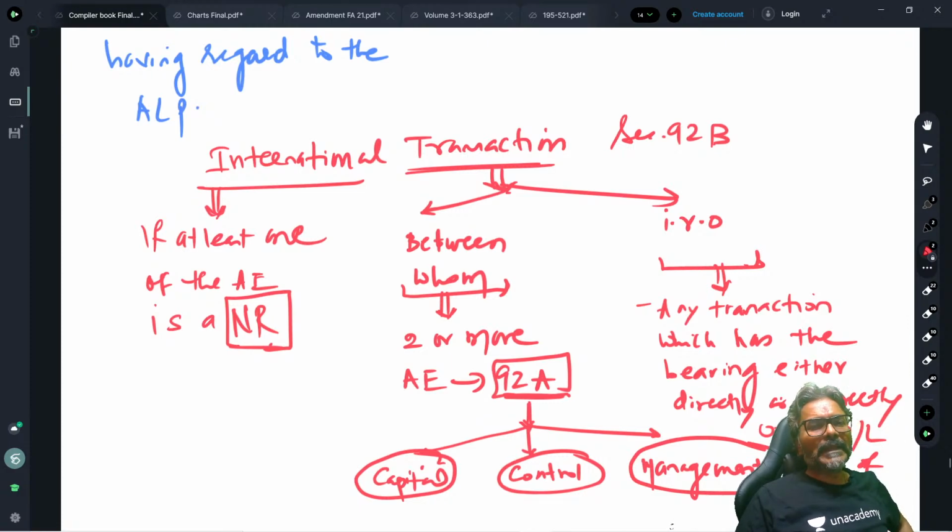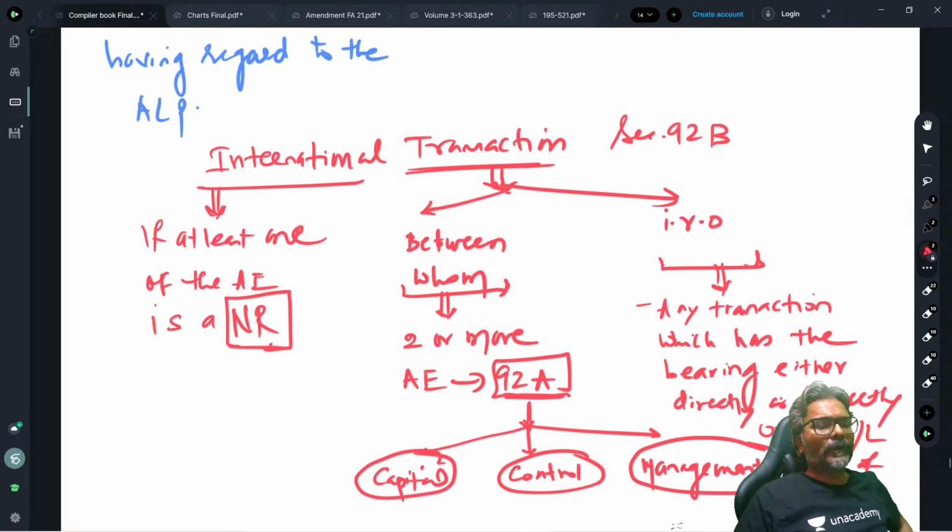Fine. So the entire focus point is that the applicability of transfer pricing provisions requires first and foremost the existence of an international transaction. So if there is an international transaction between two or more associated enterprises, then and only then the transfer pricing provisions would be applicable.